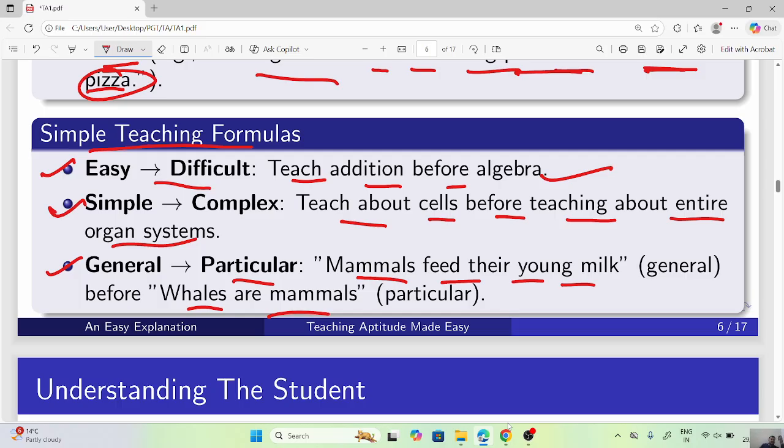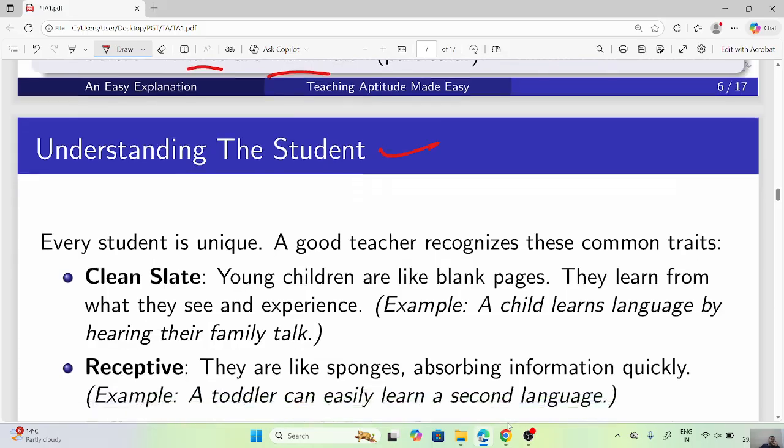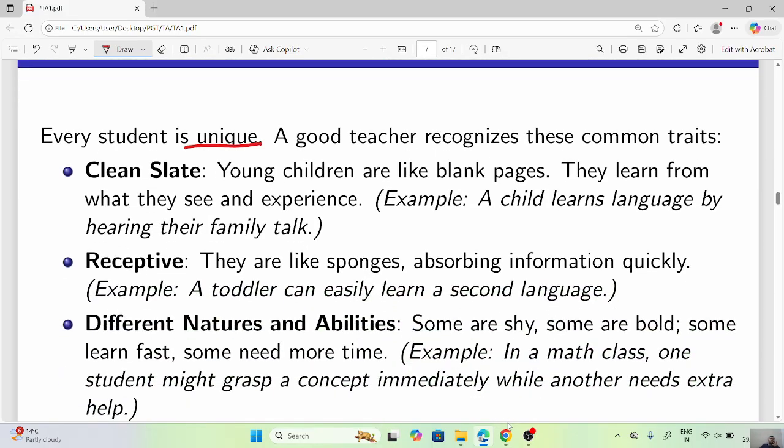Okay. Then after that, understanding students: every student is unique, not the same. A good teacher recognizes these common traits, like a clean slate. Means young children are like a blank page. It means they learn from what they see and experience.